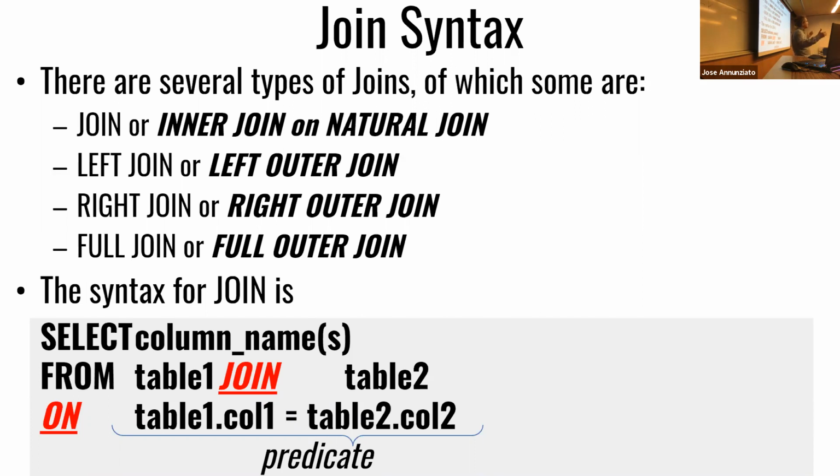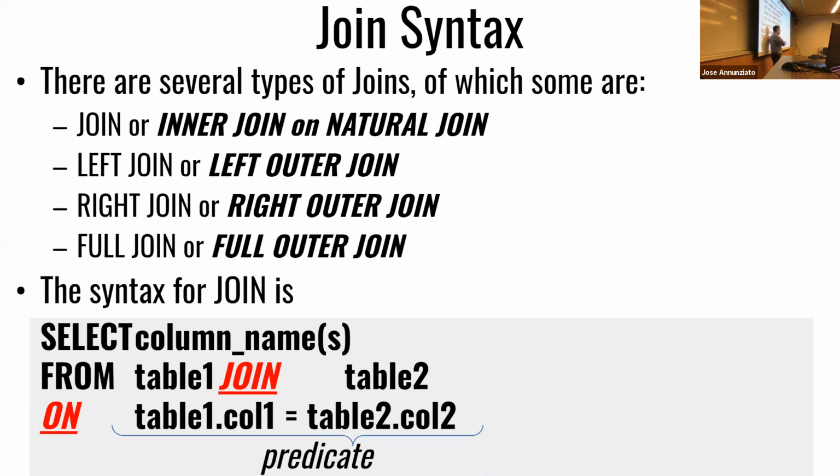What about all the records that didn't meet that predicate? Do we want them? Typically not. If the records are not related, why would I even care? Well, left join and right join allow you to say, okay, do the join, and all the other records that did not meet the criteria, bring them in as well from either one.